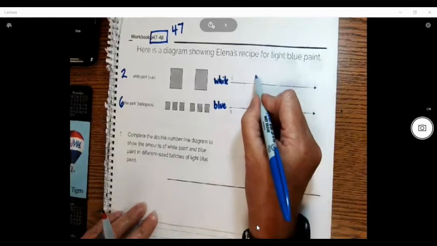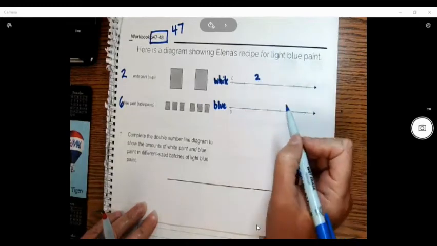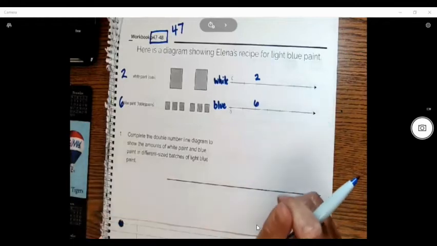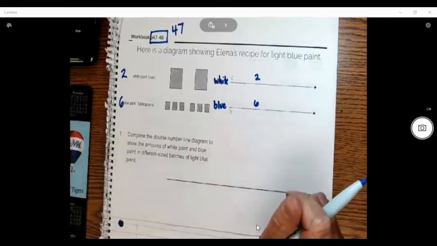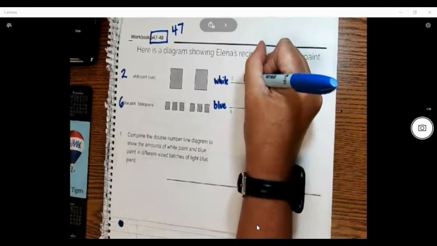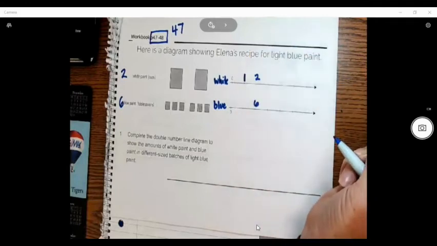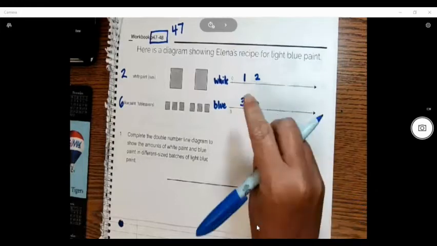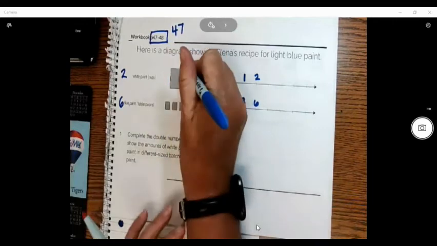So if I have 2 cups, I would have 6 tablespoons. Well, what about if I only went with 1 cup? How many would I have? Maybe 3? Because like here, this would be 1.